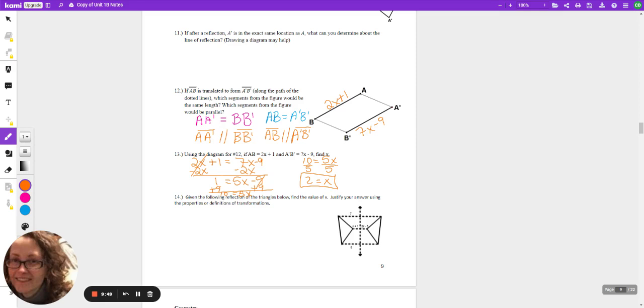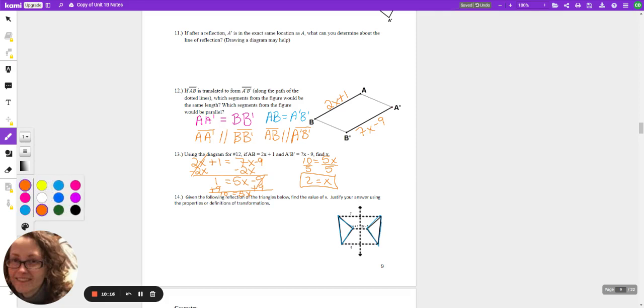Now, looking at question number 14, I want to look at the following reflection. Okay, so I have a couple of triangles here, I'm going to go ahead and highlight these. So I have a triangle right here and another triangle right here. So those are the two triangles that were reflected.